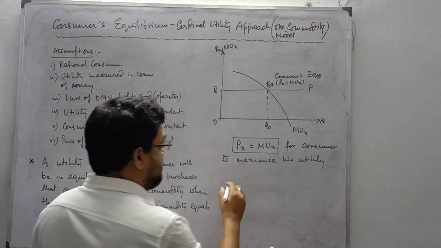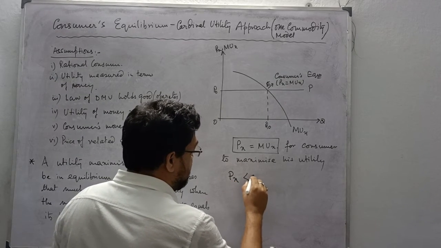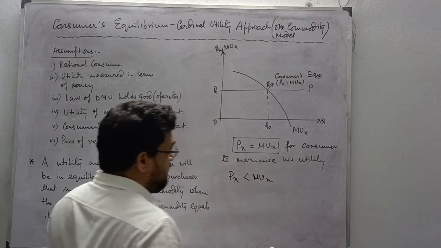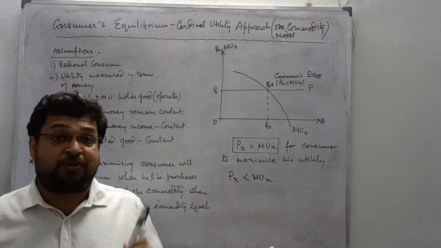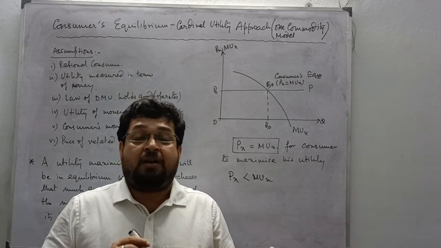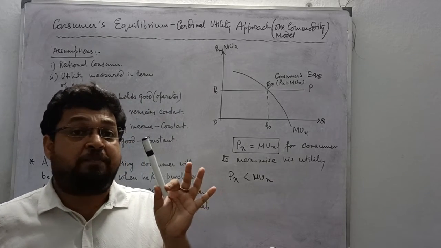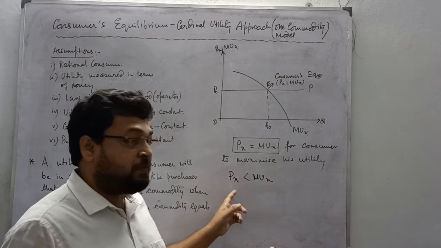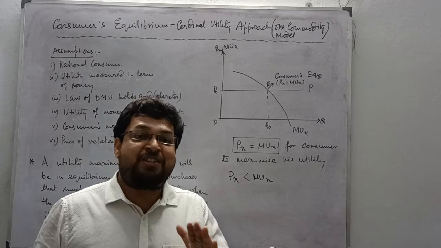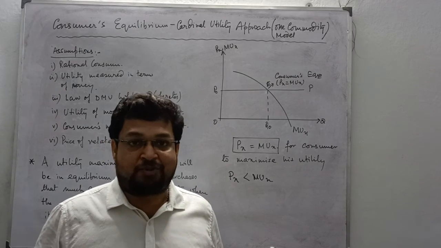What happens if the price is less than marginal utility? Suppose your anticipation is that this pen is worth 20 rupees, but you see in the market the price is 10 rupees. Immediately you go for additional consumption.